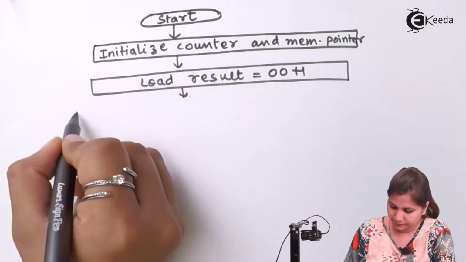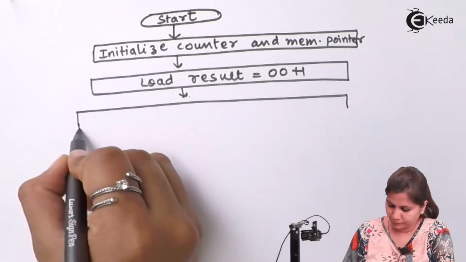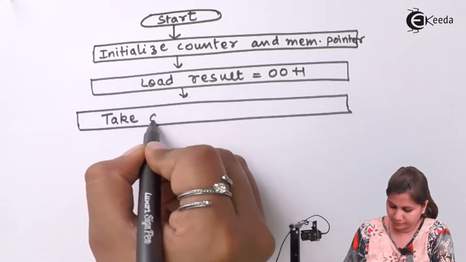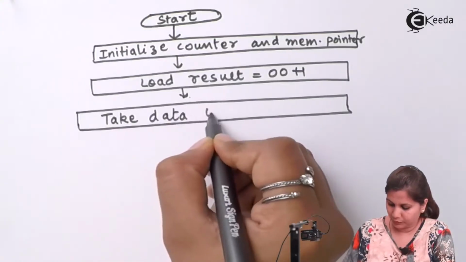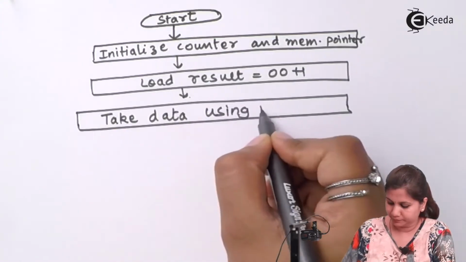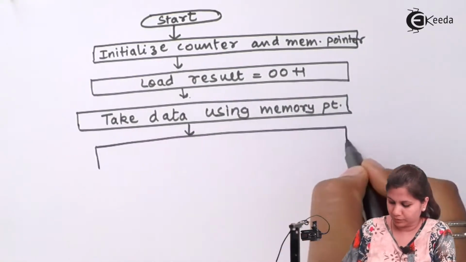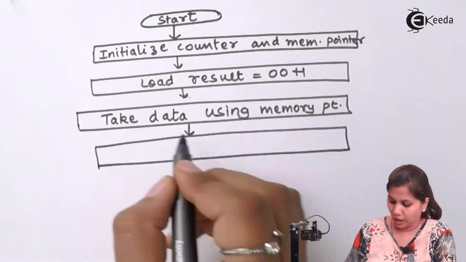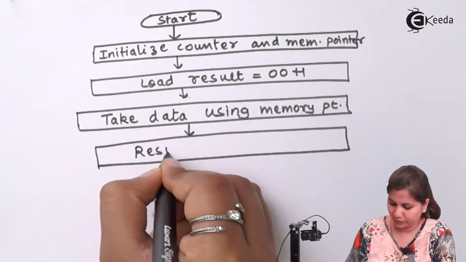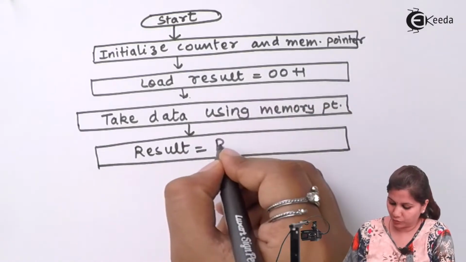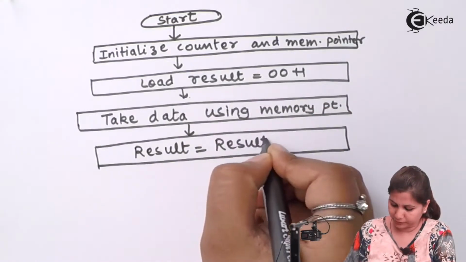Then take the data using memory pointer. Then do the addition. How we will add? Result will be equal to this initial result, that is 0, plus the number.